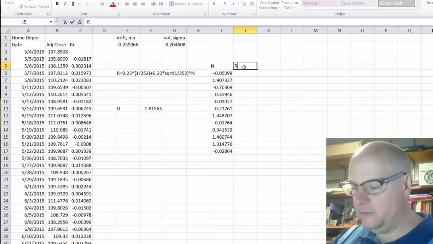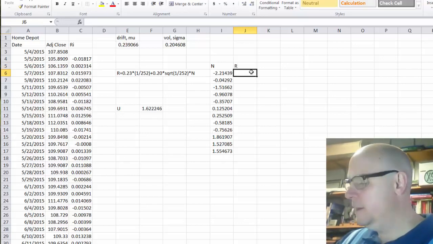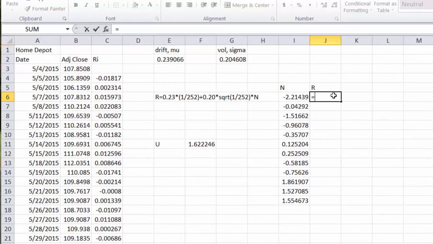So if I wanted to simulate returns, it would be equal to this drift scaled by 252, that's the same thing as multiplying it by the dt, plus this volatility scaled by the square root of 252 to put it back to daily, and then multiplying it by this standard normal distribution.